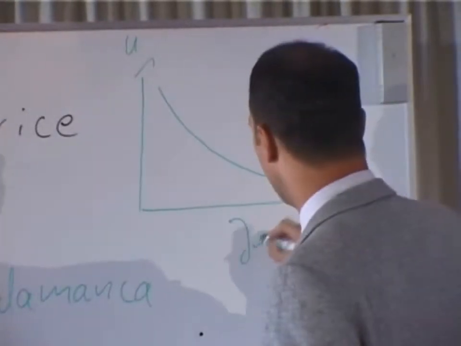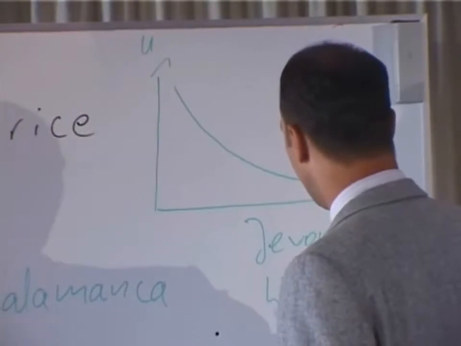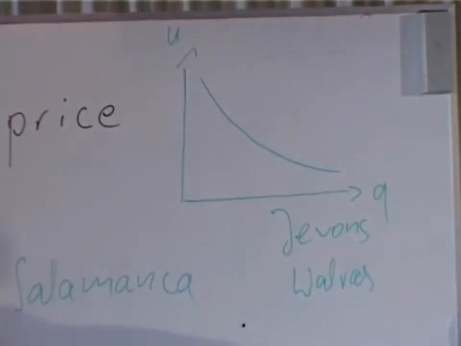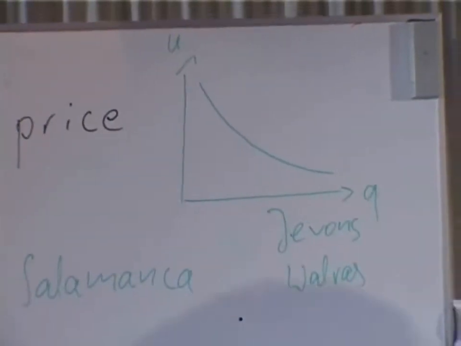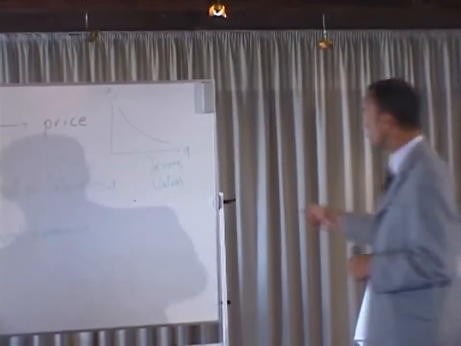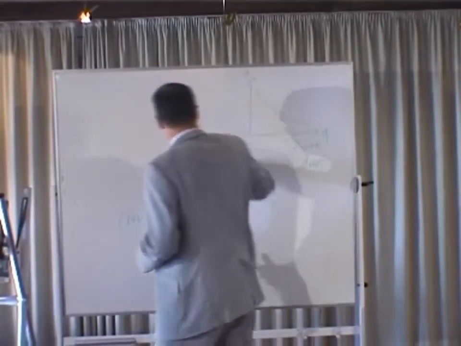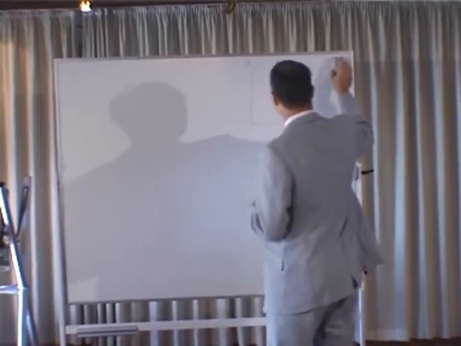So this would be the way Jevons and Walras have done this. And what we find in Austrian economics is something very similar, namely that we say every unit of a good serves individual or concrete needs.